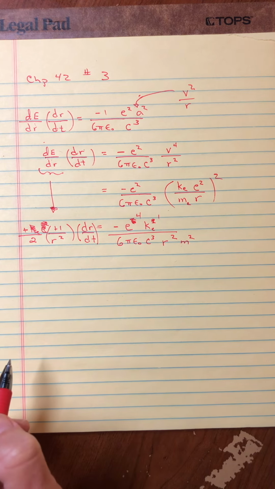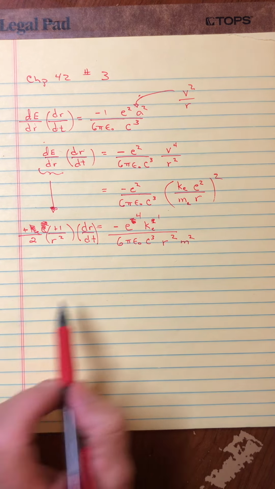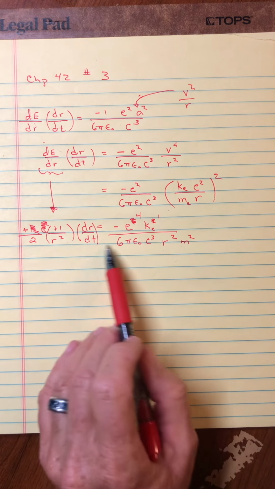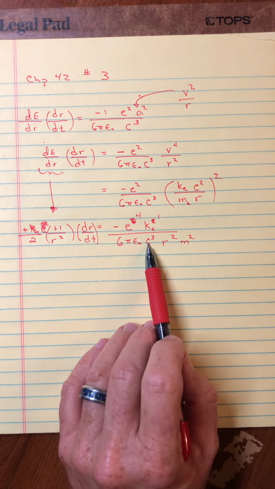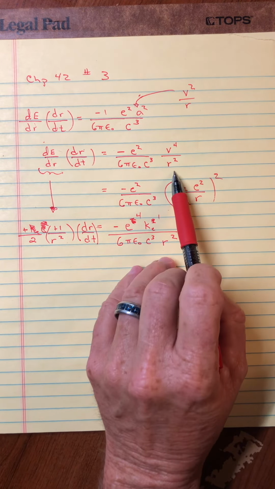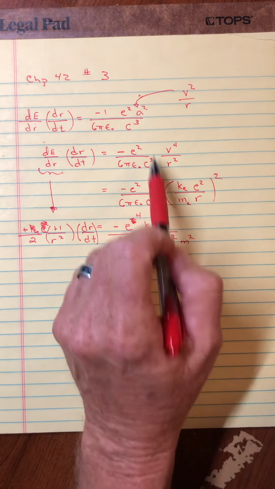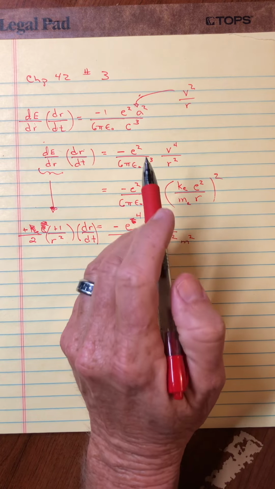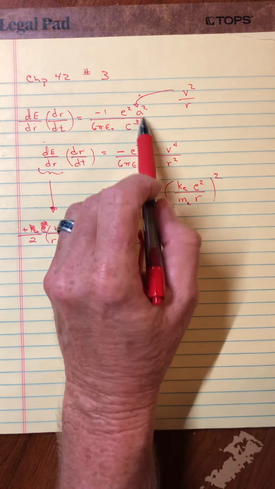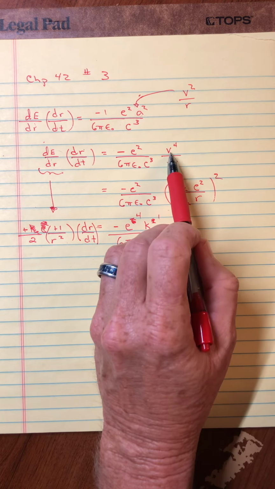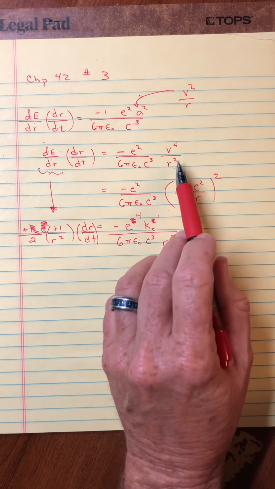And my apologies. And I'm glad I see it now. I was getting nervous. I have an r on each side, but I missed it right here. I was just trying to do too much in one step. Let's come back to this. See, when I did v squared over r, I would have v squared over r squared.